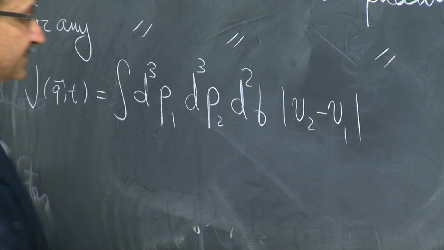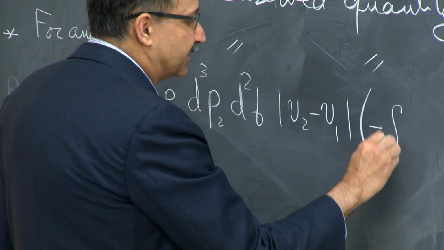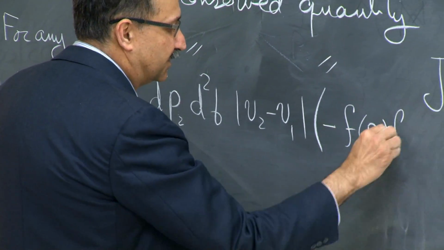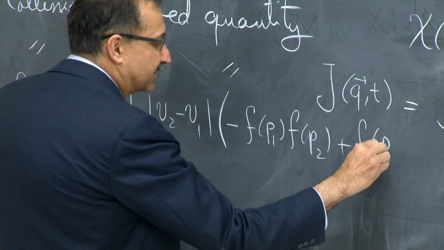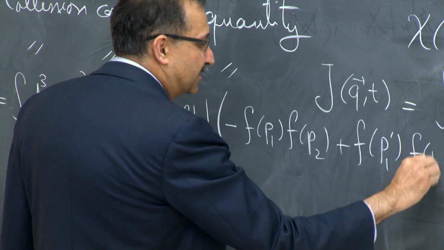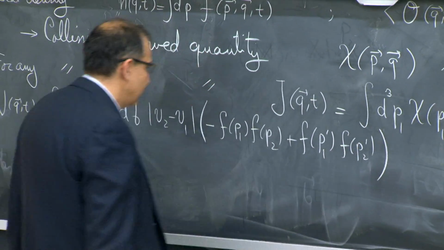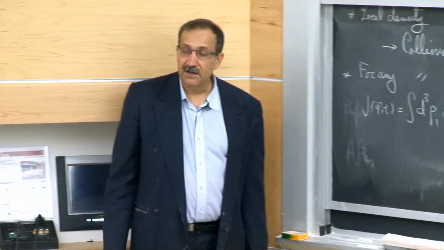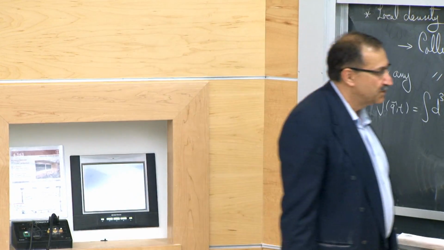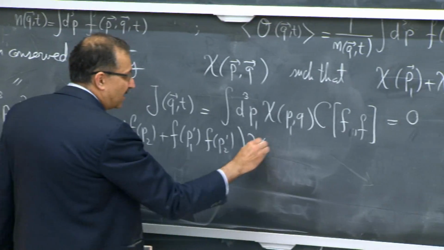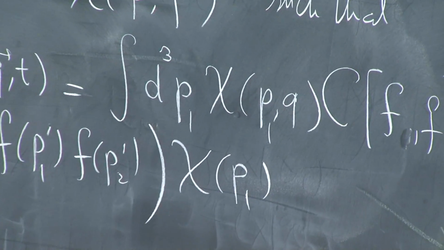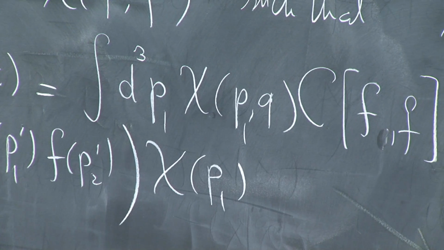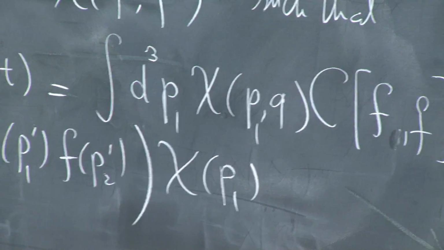And then I have the subtraction of interaction between P1 and P2, addition of the interactions between P1 prime, P2 prime. And this collision integral has to be multiplied with chi evaluated at P1. Okay? Fine.